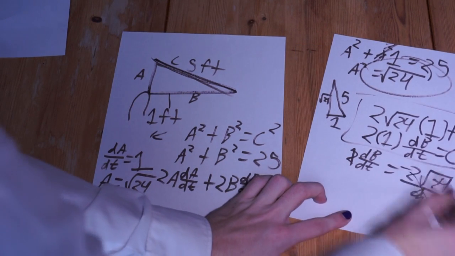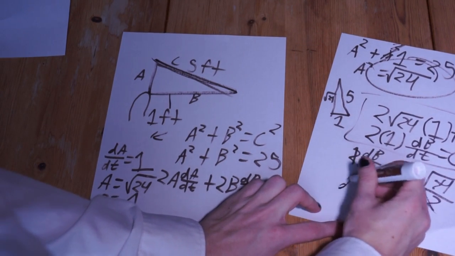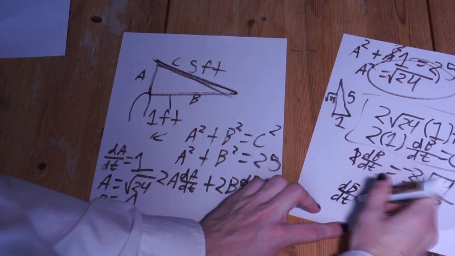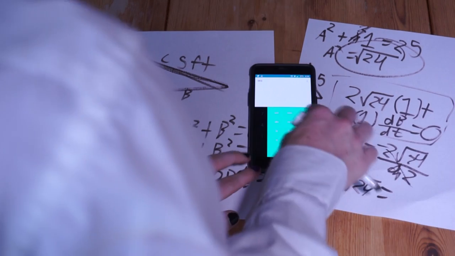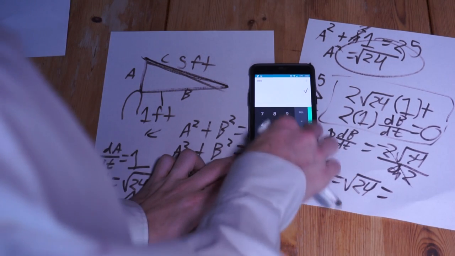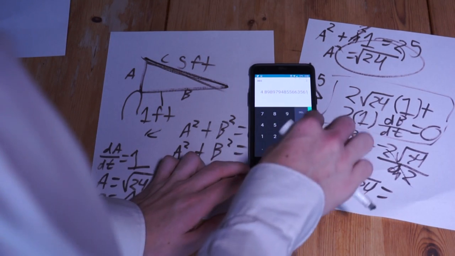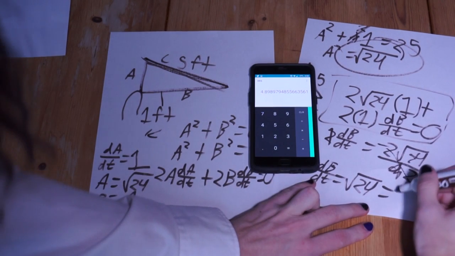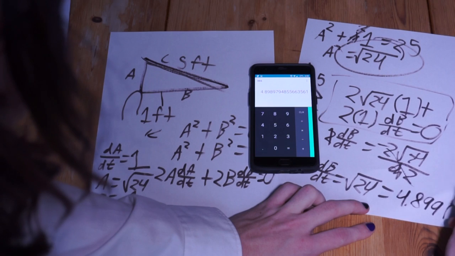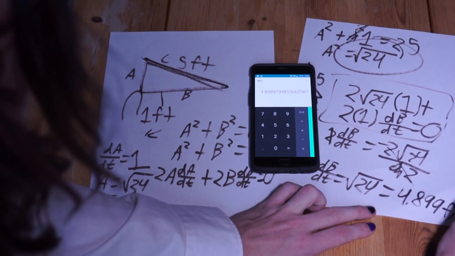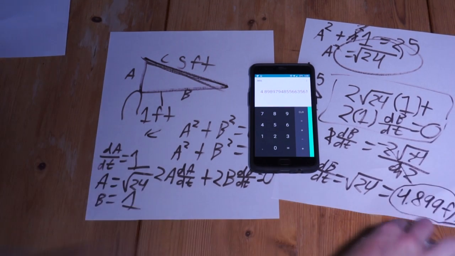We can cancel out the 2's and we're left with dB over dt equals the square root of 24, which equals 4.899 feet per second. And that is how fast it is traveling at 1 foot.